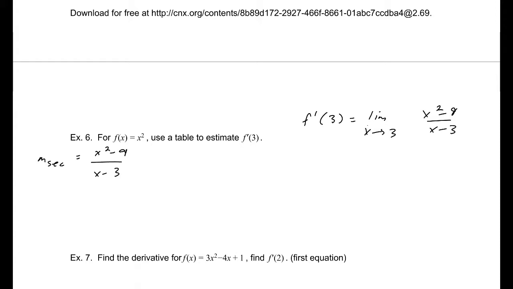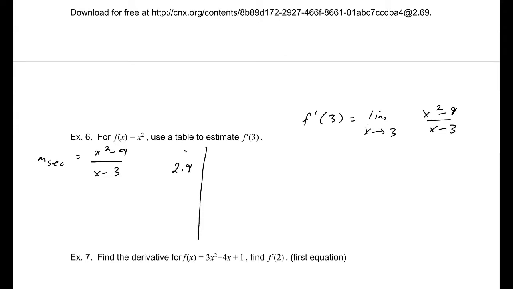So as I approach 3, say at a value of 2.9, this is x squared minus 9 over x minus 3. At a value of 2.9, it is 5.9. At a value of 2.99, we have 5.99. Okay, so it appears that it might be getting close to 6.